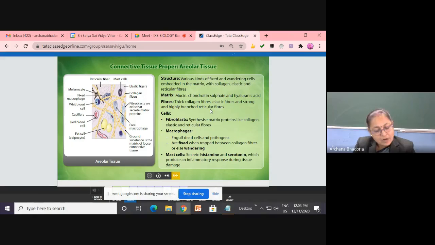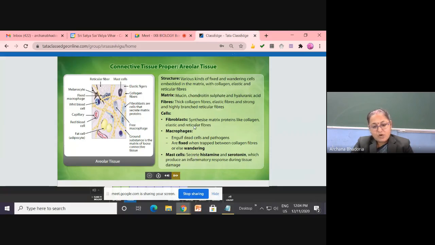Yes, ma'am. Now next put the subheading cells. Now write, in the matrix 3 types of cells are present. And what are those cells? So first one, fibroblasts.